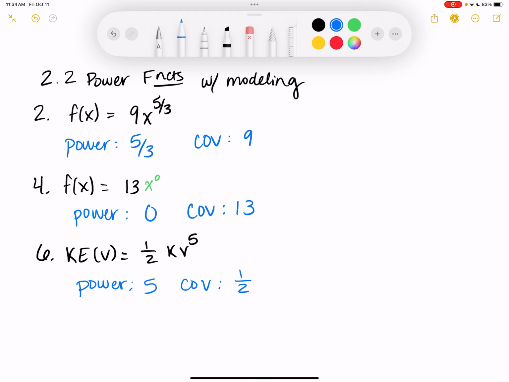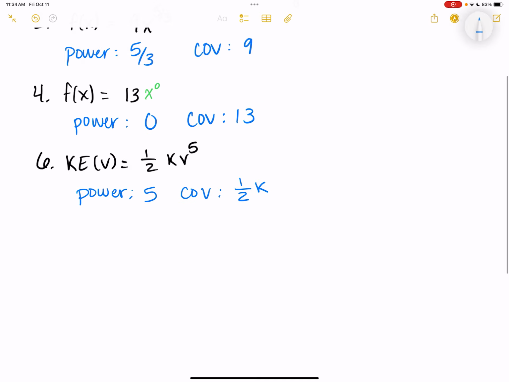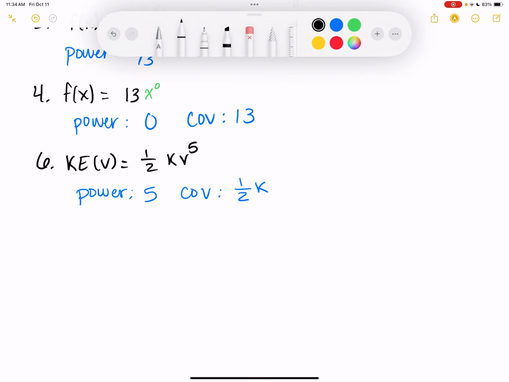C, G, K, and pi are constants. So what do you think I need to put? 1/2 K. So you have to pay attention to which letters are variables and which ones are constants. I know if it's not in front of you, it's a little bit confusing, but just make sure you pay attention to that when you're looking at the instructions.